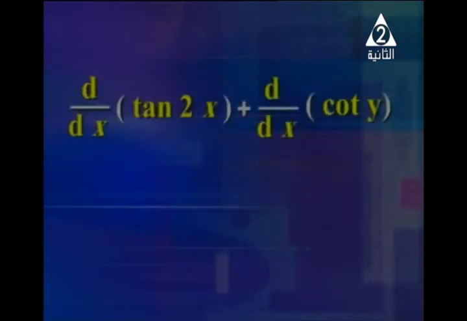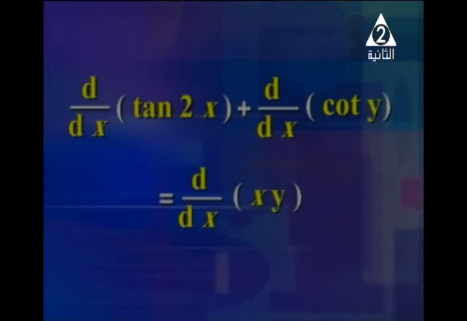Dear student, look at the left-hand side. We find the differentiation d over dx of tan 2x plus d by dx of cot y equals the differentiation of the right-hand side, xy.